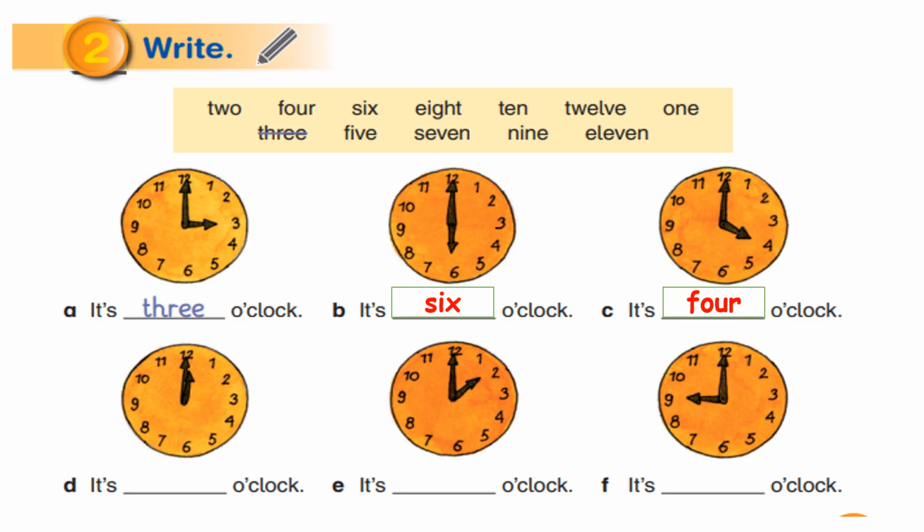Now the next clock, tell me what's the time? You can choose the numbers from the box up and write the time down on the lines. Check your answer. It's 12 o'clock.